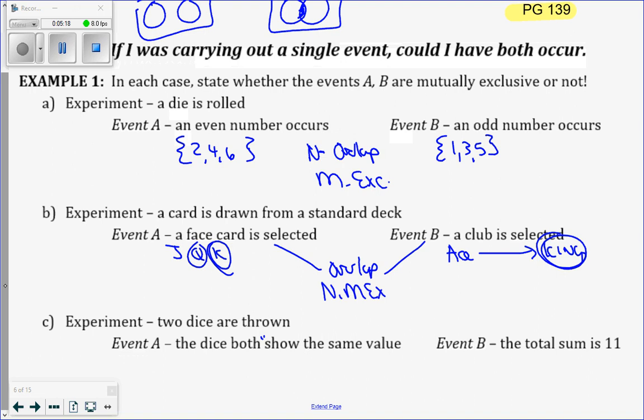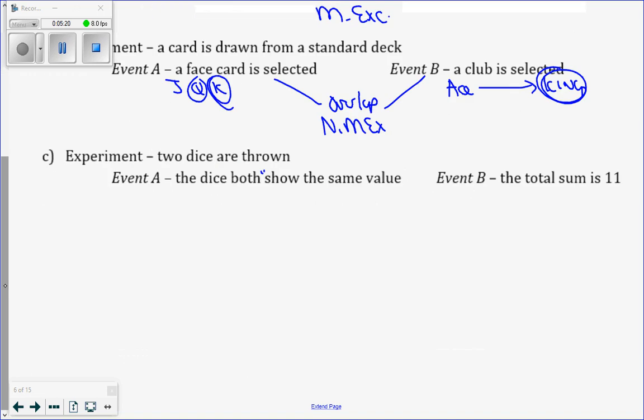This time you're going to roll 2 dice. The dice both show the same value. So that would mean a 1 and a 1, a 2 and a 2, a 3 and a 3, all the way up to a 6 and a 6. The sum of the 2 dice is 11. What would you have to roll on the 2 dice to get a sum of 11?